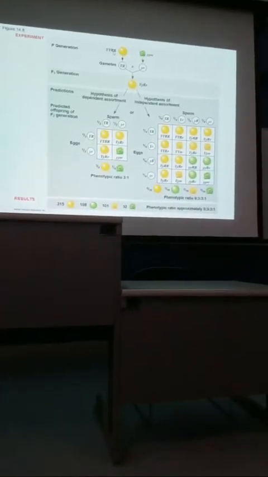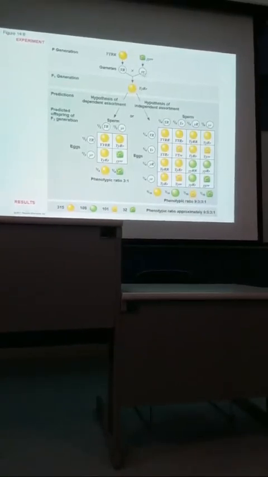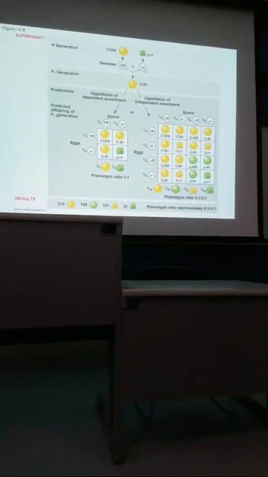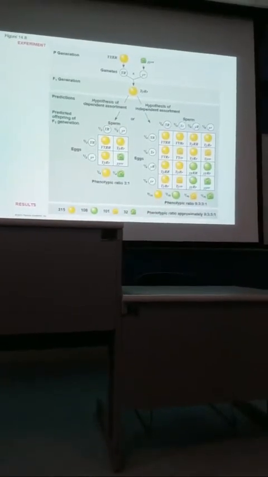The Y and the R. This has got the Y and the R. That's all the parent can get. So if you multiply this Y times that Y, you get that. If you multiply that R by that R, you get that. That's what you get out of F1. They're all going to look like that in F1.